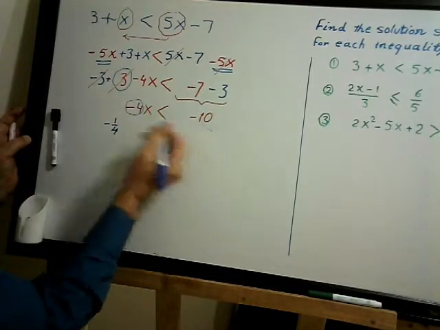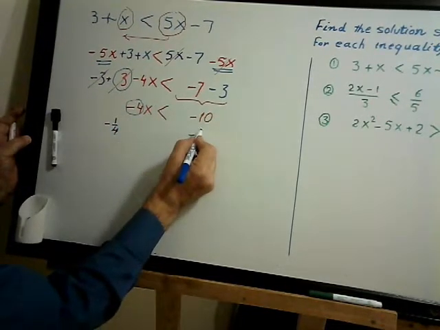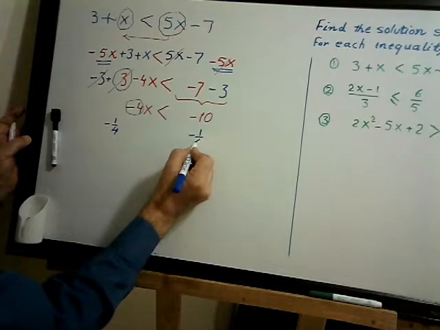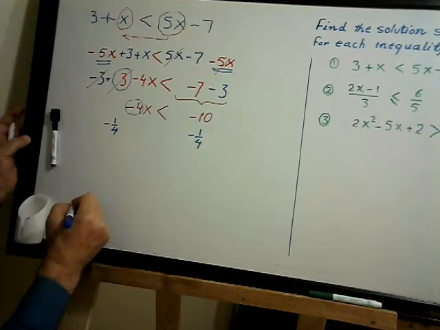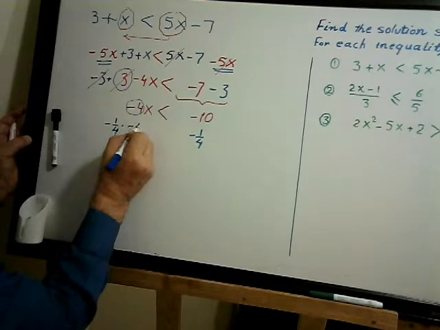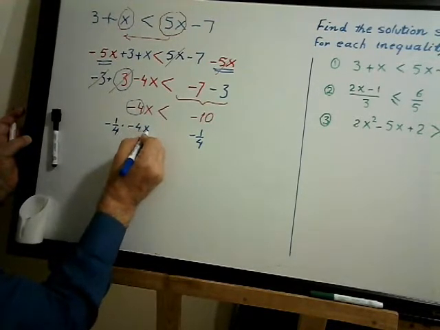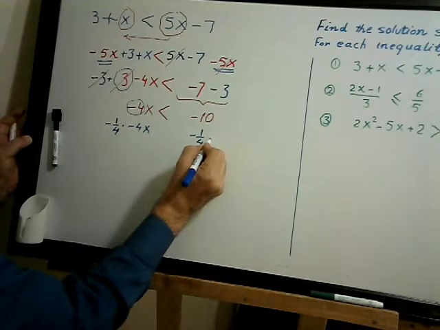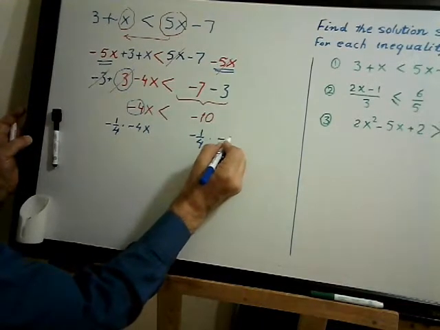In both sides we will put negative 1 over 4: here negative 4x, and here negative 10.